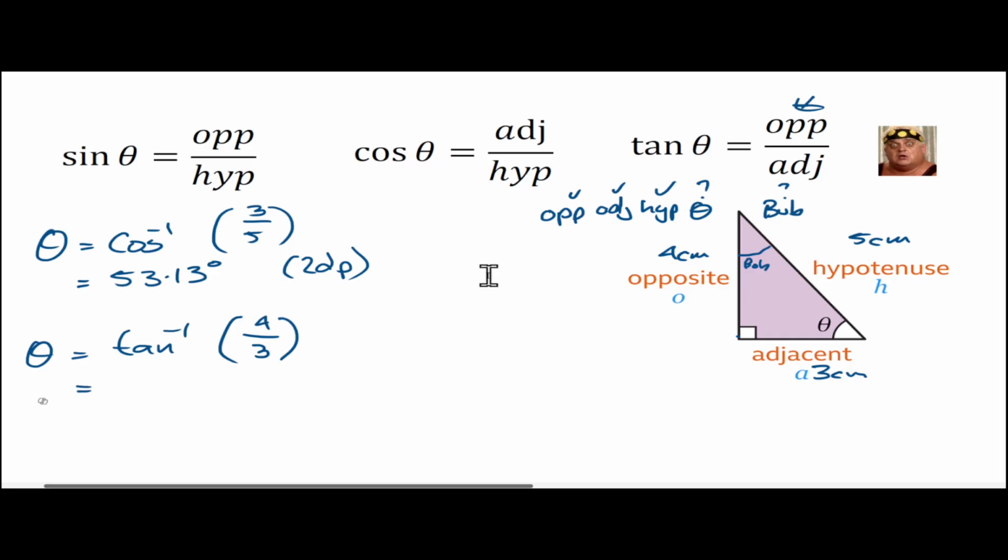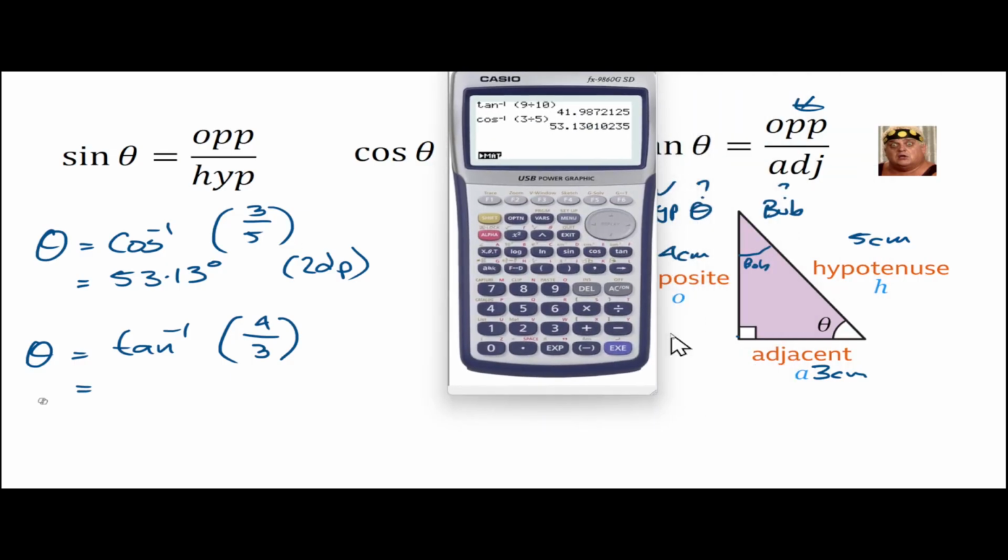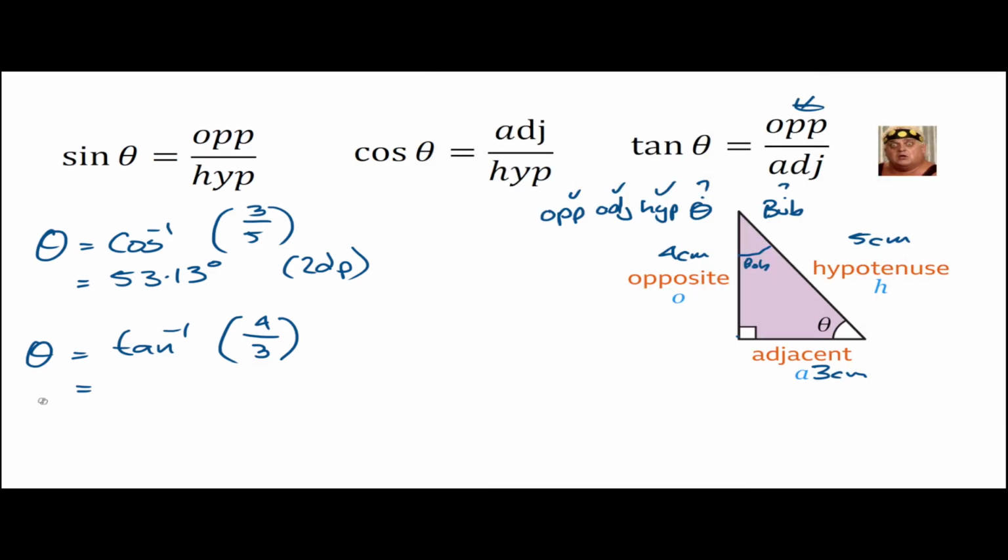And when we put that in our calculator, tan -1 of 4 divided by 3 is 53.13, and if you look there you can see it's the same number. Kind of shouldn't be much of a surprise. There can only be one theta.